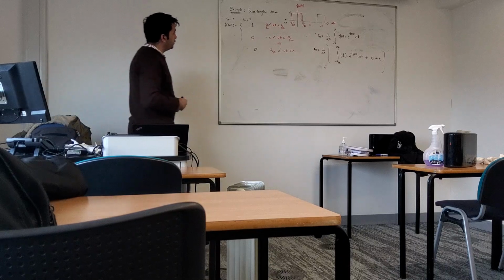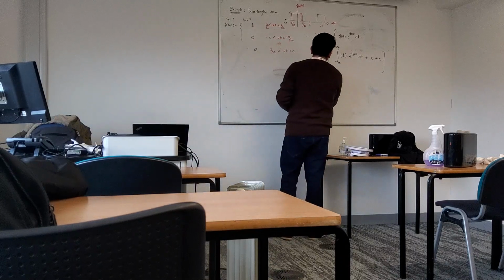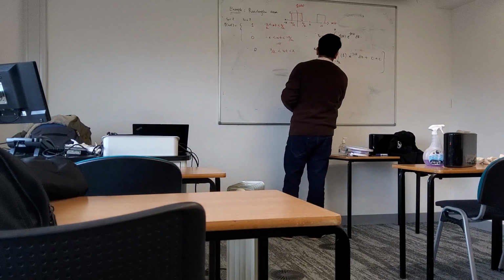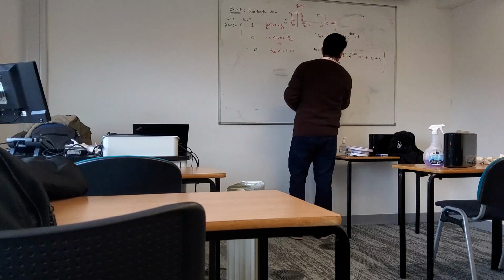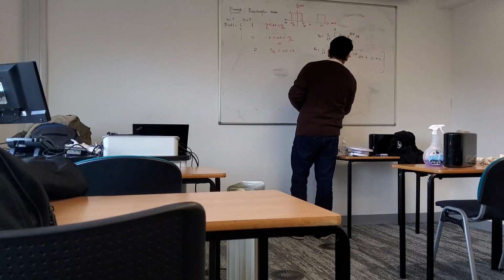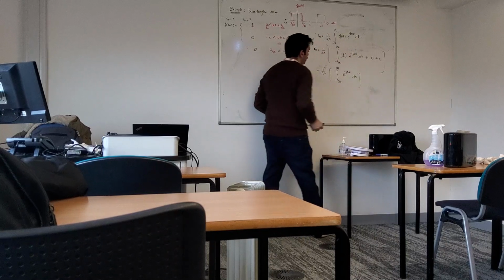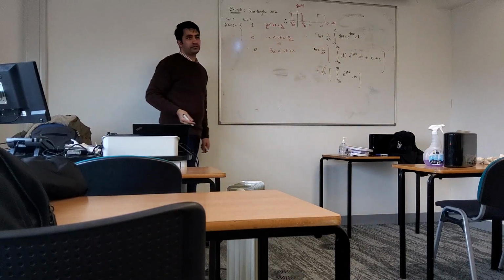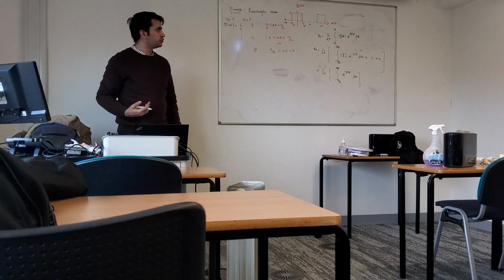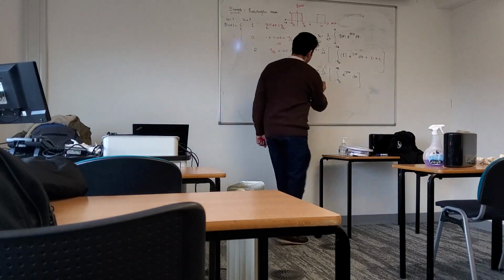Right. So I can further solve it: 1 by 2 pi, integral from minus pi by k to pi by k of e power minus j n theta d theta. So I have a simple integral to solve, which is an exponential function. What would be the integral for the exponential?